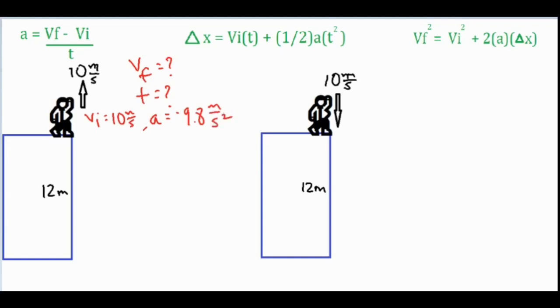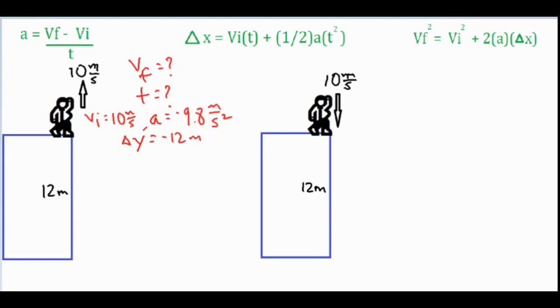And in addition, because they're elevated 12 meters off the ground, the displacement of the actual object is going to be negative 12. And I'm going to call that delta y because it's a change in a vertical position as opposed to a change in a horizontal. Okay, so now we have our three variables.